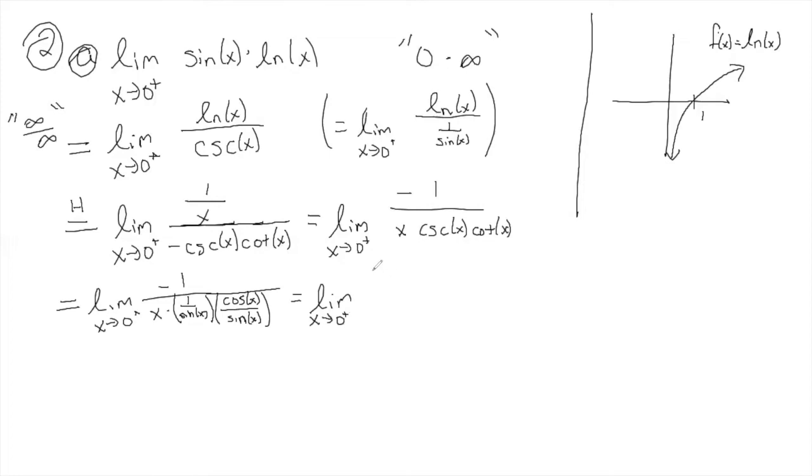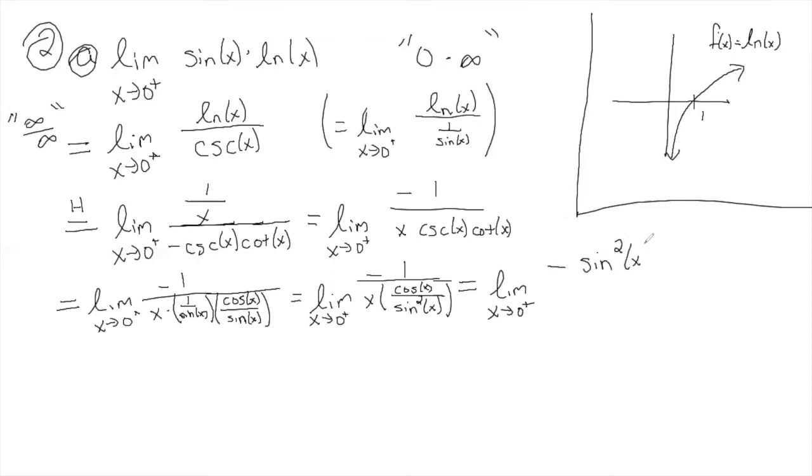I have negative 1 over x times cosine of x over sine squared of x. Okay, and then dealing with this and rewriting it as one big fraction, it turns into negative sine squared of x over x cosine of x, right?